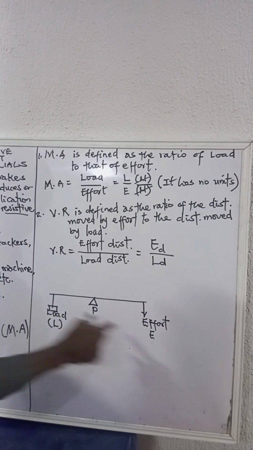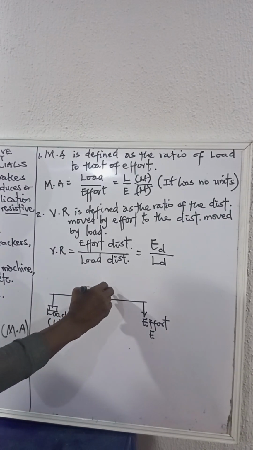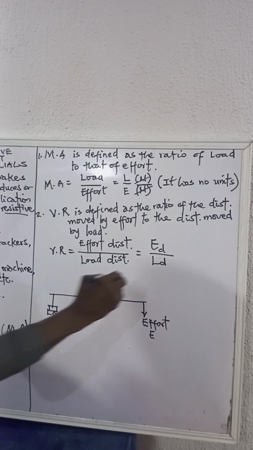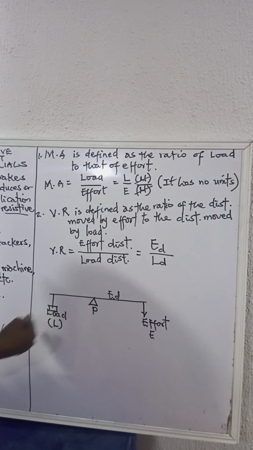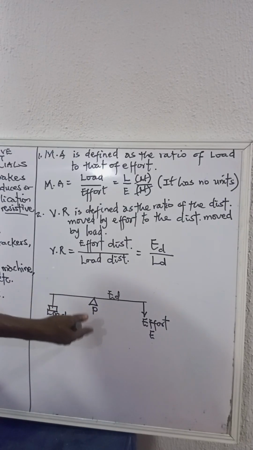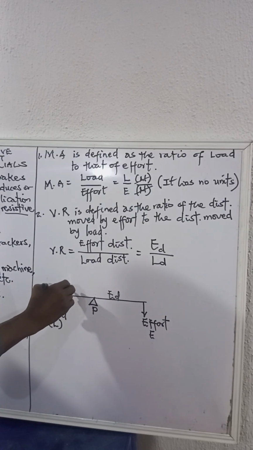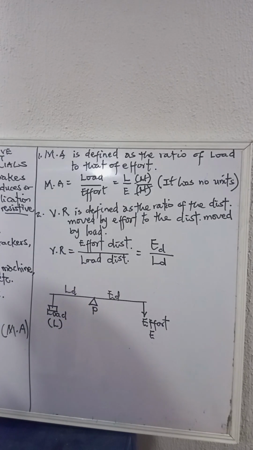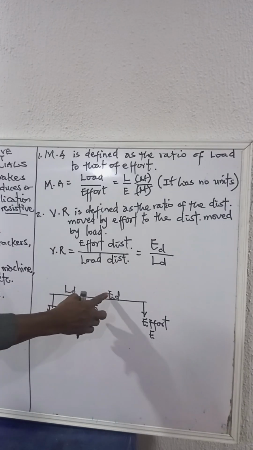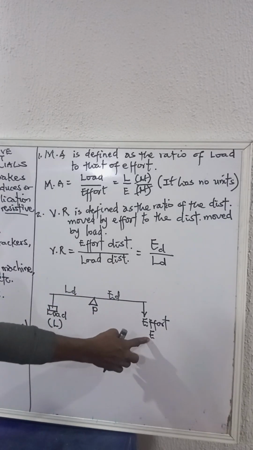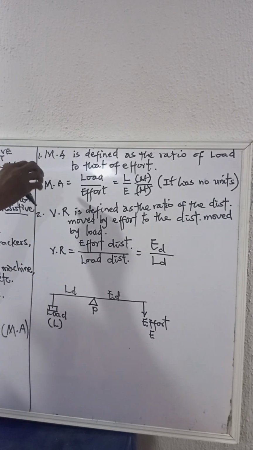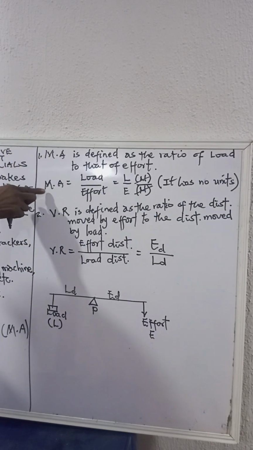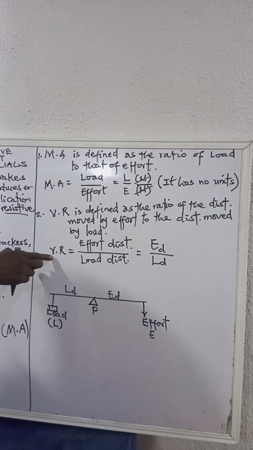How far is the effort from the pivot? We call that distance of the effort. While the load, how far the load is from the pivot or from the fulcrum, we call it load distance. So we have the load distance, the effort distance, the load, and the force, which are the 4 parameters which come together to form the constraint components of both mechanical advantage and the velocity ratio.